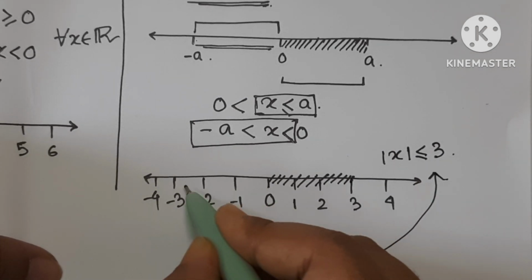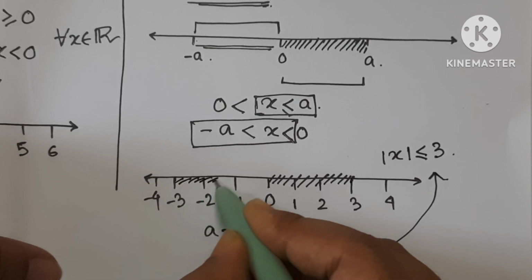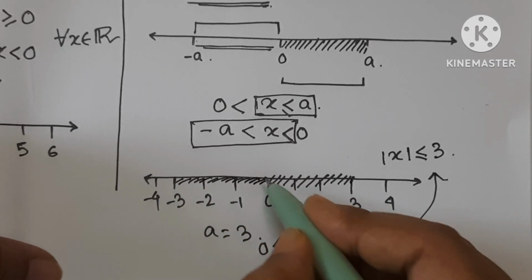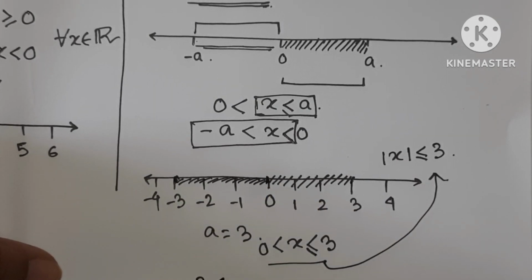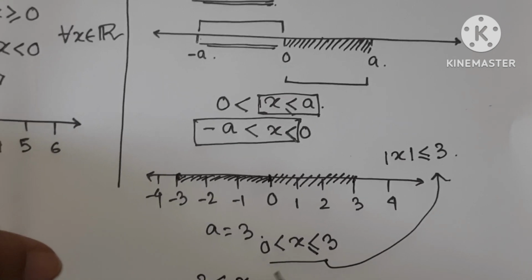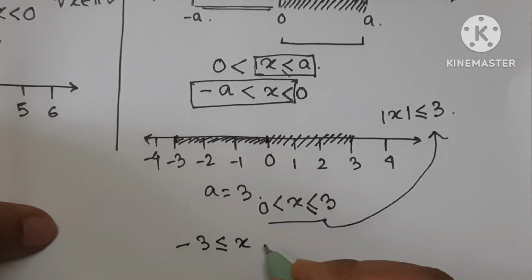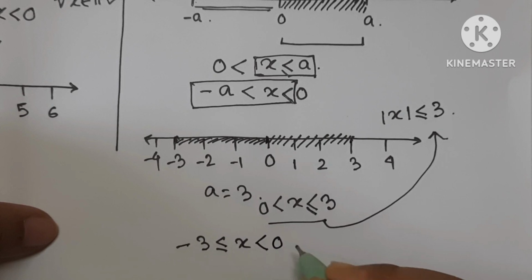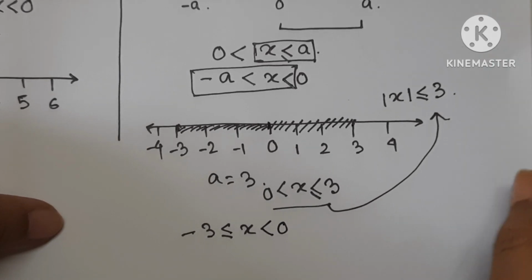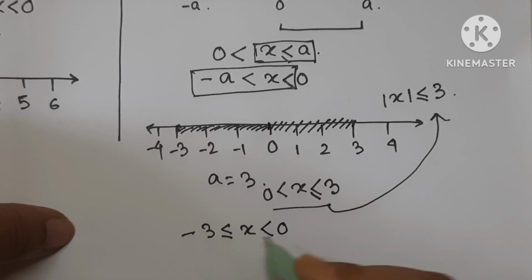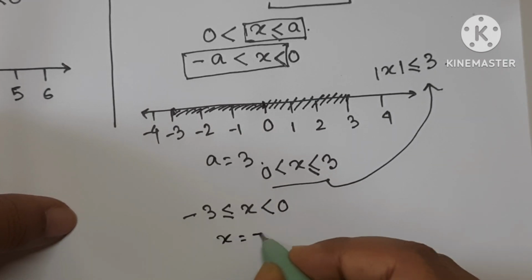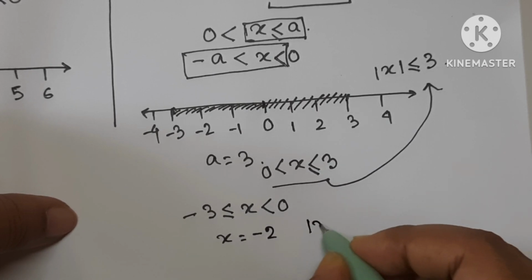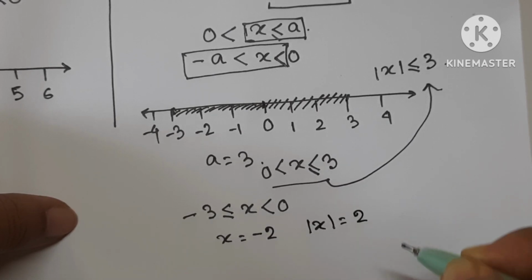Now in case of this part, -3 is less than or equal to x, less than 0. What happens to this part? Suppose x equals -2, then mod of x equals 2, which is less than or equal to 3.